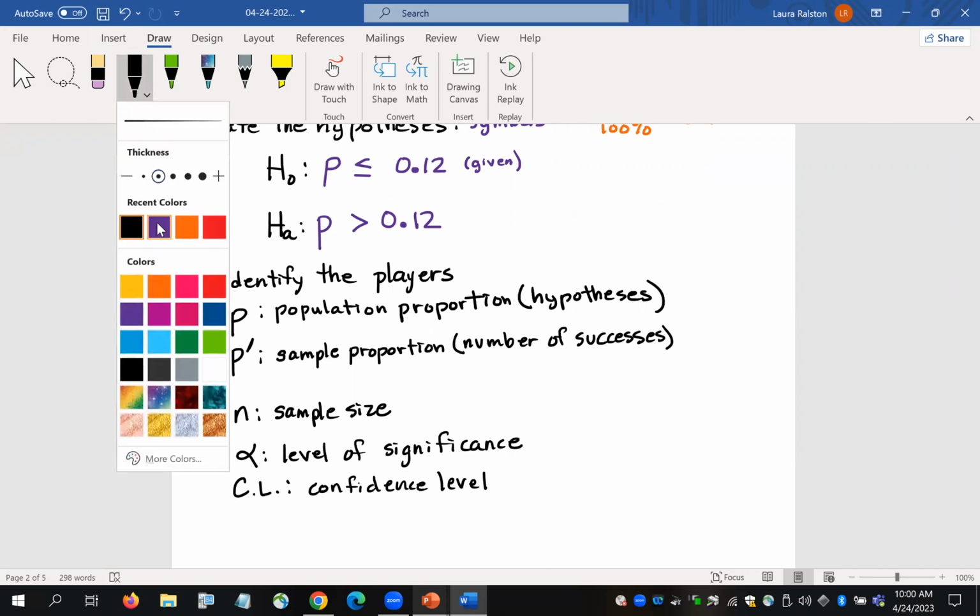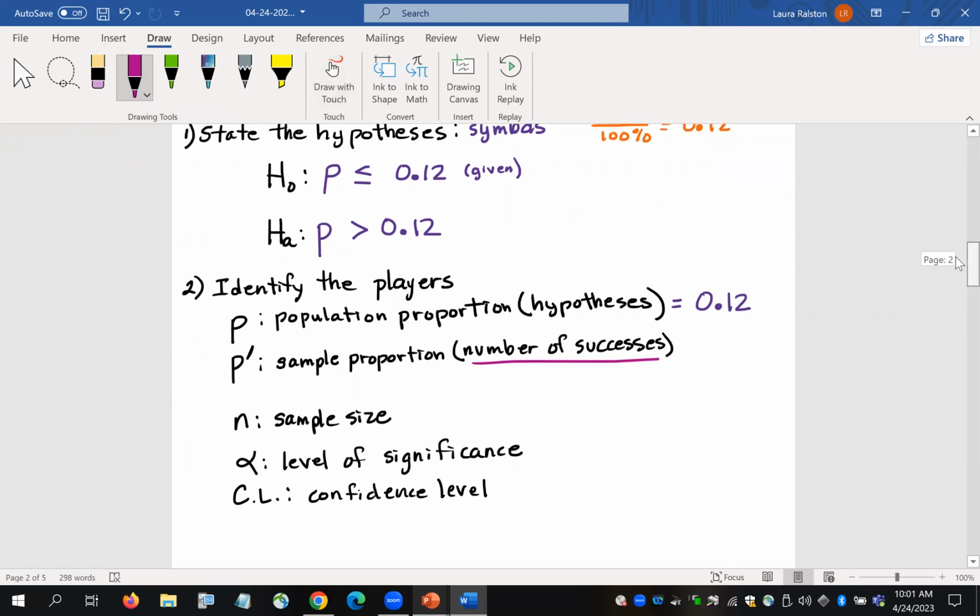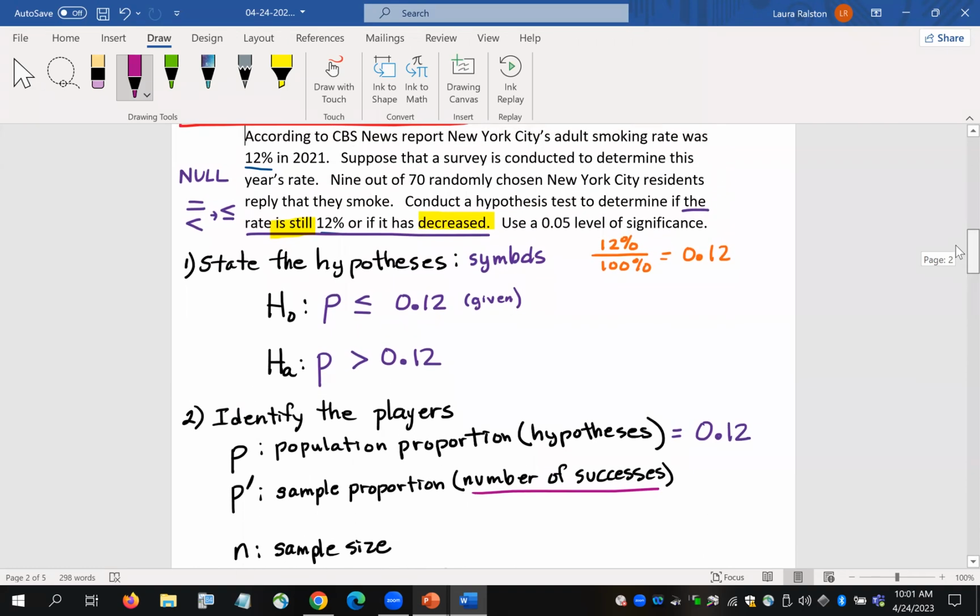Okay, so from our story, we know that the population proportion is the 12%. You may need to think about, in this scenario, what represents a success. Okay, because P prime represents the number of successes. In this case, we're talking about the adult smoking rate.